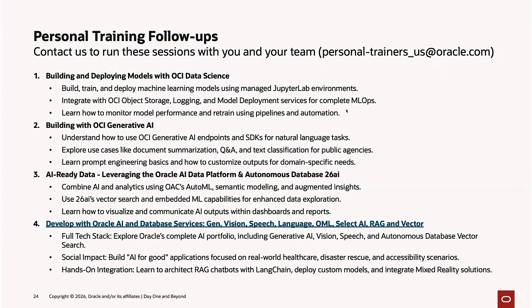So if you're looking for more information on the AI Data Platform, I saw one of the questions within the chat on that. That's what we'll be covering next month. And lastly, if you want to build more of an end-to-end solution using generative AI, vision, speech, language, OML, all of that would be in session 4. Please let us know if this is something that you would like us to engage your team with.